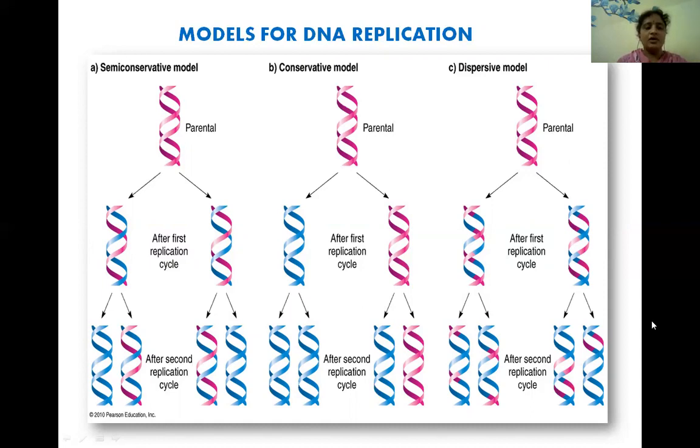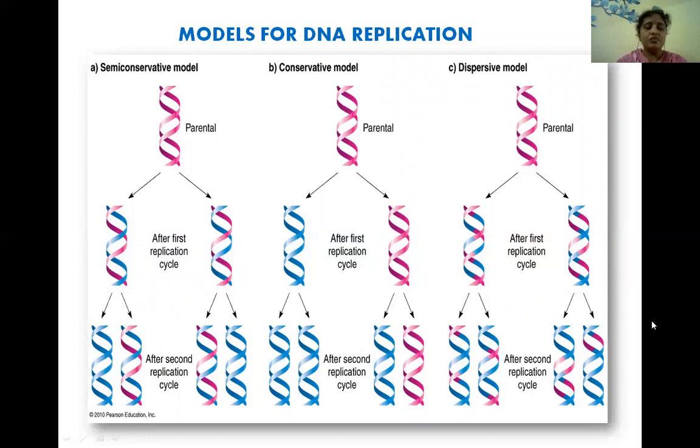In this model, from two parental DNA strands, one daughter molecule contains both parental DNA strands and the other daughter molecule contains newly synthesized DNA strands, which is very clear. We can observe here.